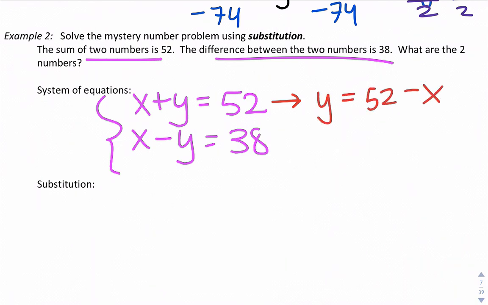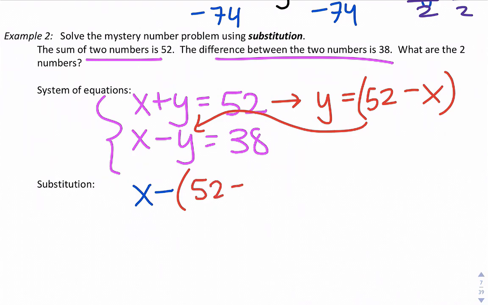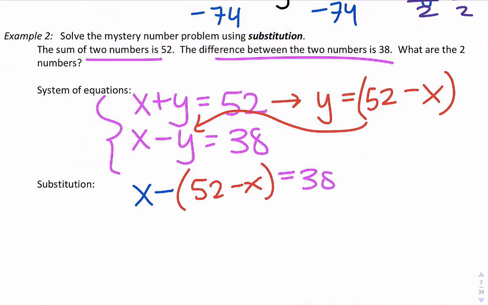Okay, so again, y is like Miss Bayesian. 52 minus x is like the sub. We're going to sub it in right here. So let's write x minus, and instead of y, we're going to plug in our 52 minus x, and that equals 38. And we are going to distribute. What do we distribute? Well, there's an invisible -1 here. So we'll distribute that.